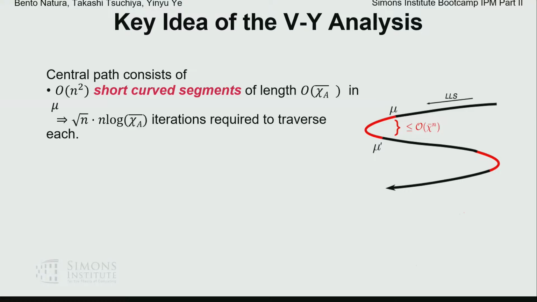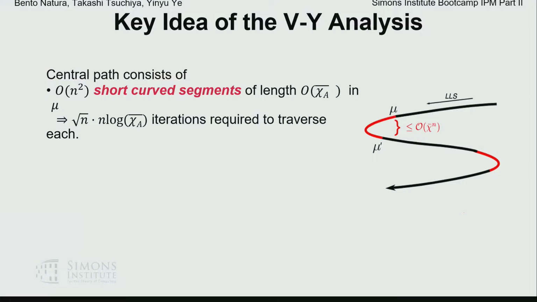So the key idea is you can prove the central path for a given linear programming problem has n-squared short curved segments of length only related to this condition, kappa A. Relatively smooth. So for those parts, to reduce from mu to this mu, you only need this many iterations.